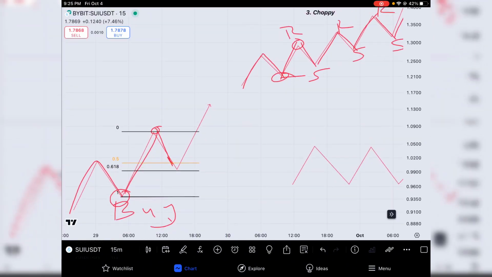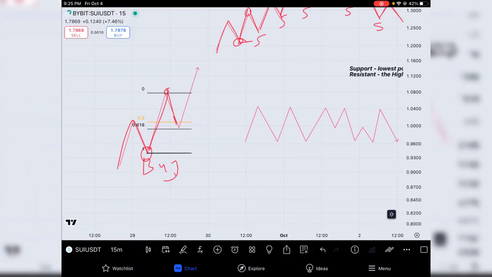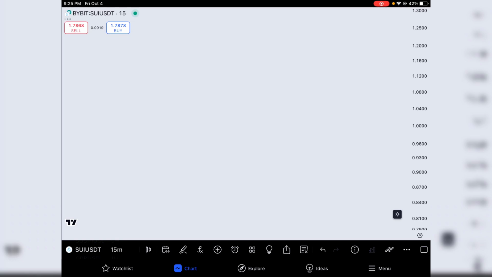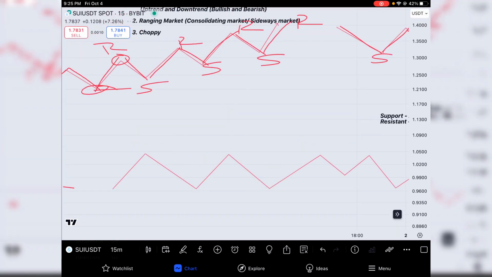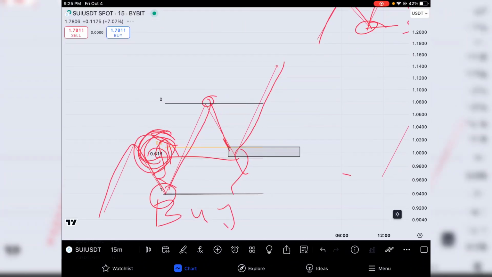What's happening? A minute, please. I've done a lot of rubbish on my chart. See, all the things I've drawn since, it's only now that it's showing.